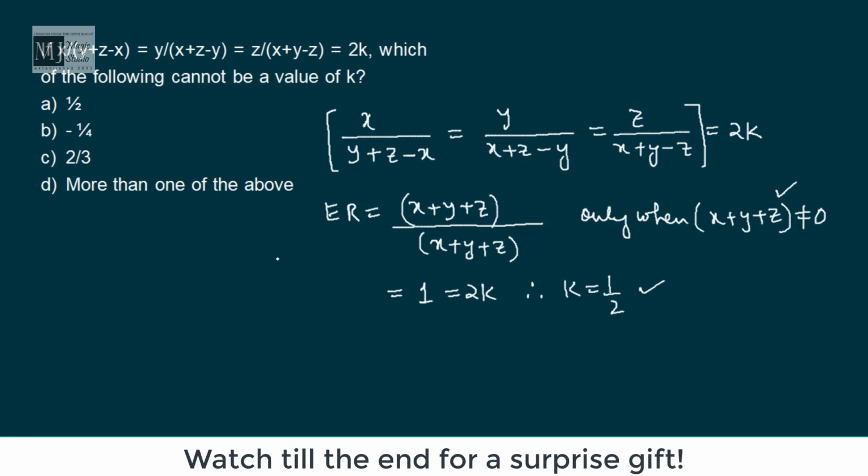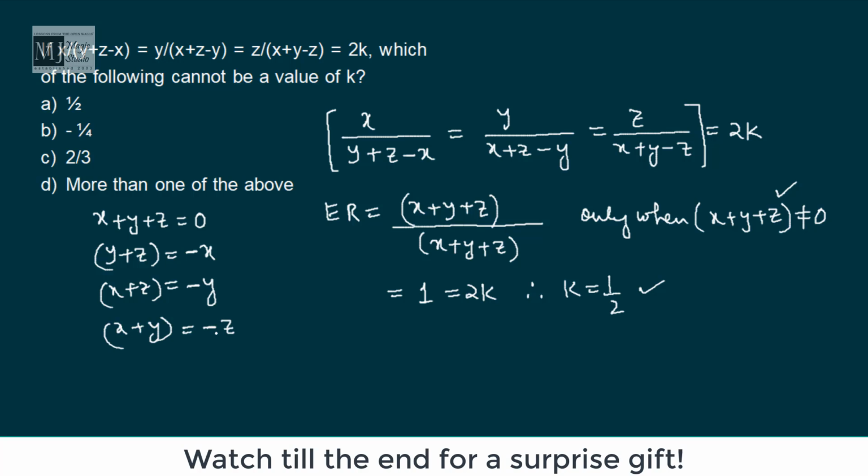But as said, we can't take half an assumption when nothing is mentioned in the question, as far as MCQs are concerned. So let us see what will happen if x plus y plus z is equal to 0. Then y plus z would be equal to minus x, x plus z is minus y, and x plus y is equal to minus z.